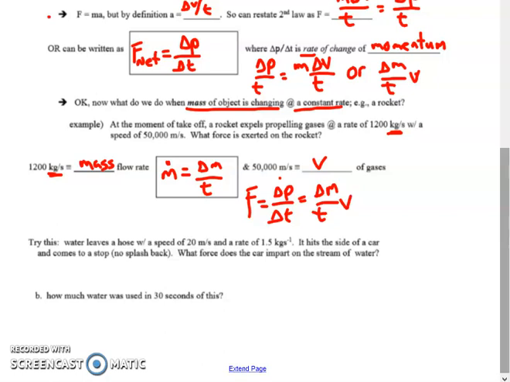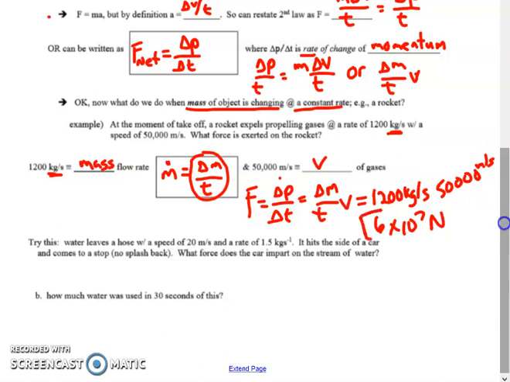Delta m over t is our mass flow rate, given as 1,200 kilograms per second, multiplied by how fast the exhaust is coming out, 50,000 meters per second. You multiply that and you get a very large number, 6 times 10 to the 7th. And kilograms per second times meters per second is kilogram meters per second squared. In other words, it's a Newton.